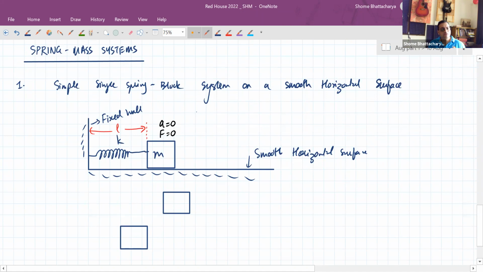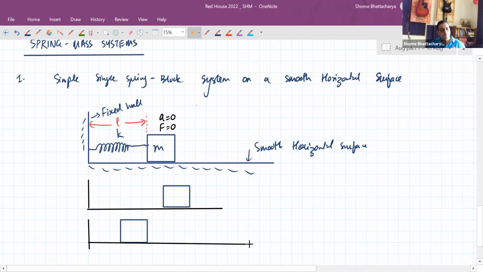Okay. But compared to that, if you look at these two other situations, you can see here that if this block has been given a displacement x in this direction, it will develop an acceleration in the opposite direction because the spring will be stretched.